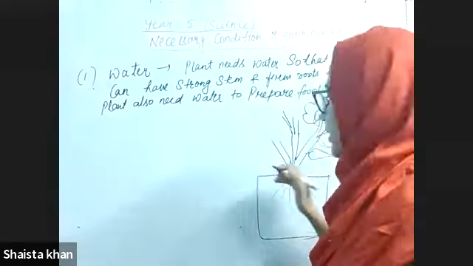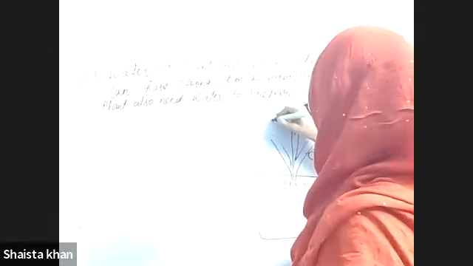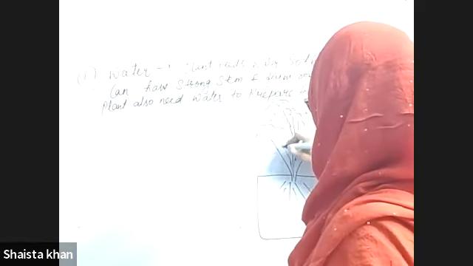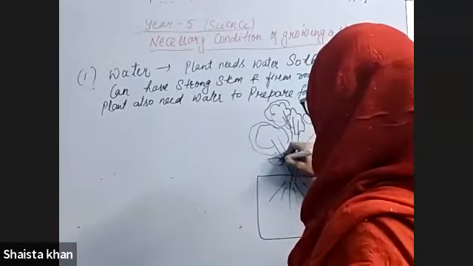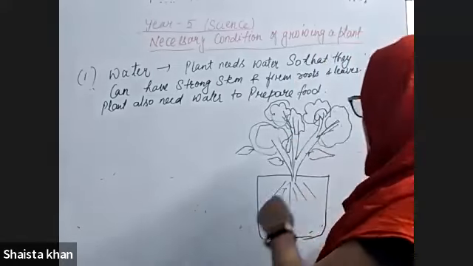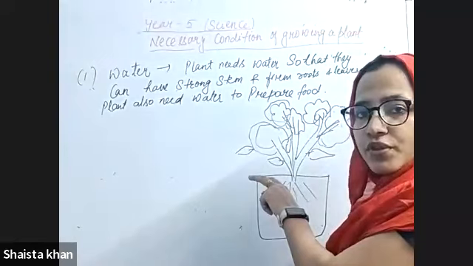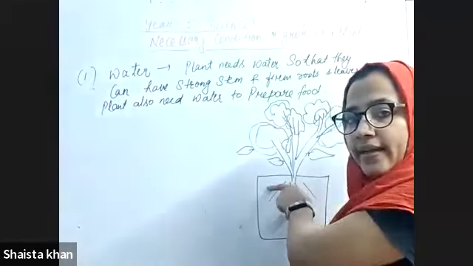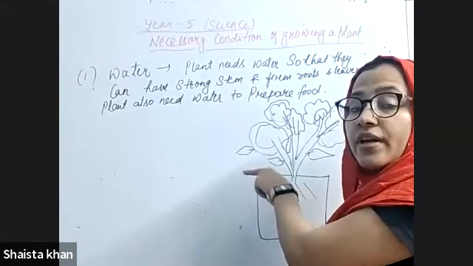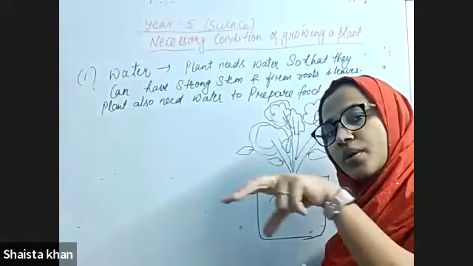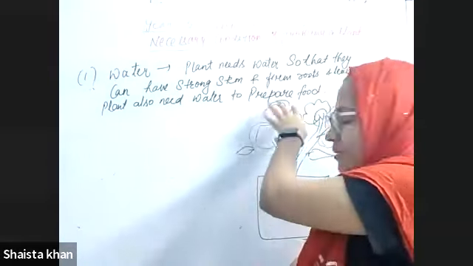I'm not good at drawing, actually. Suppose this is a plant, the leaf. What do we do? We just put water to the soil. Where do we water the plant? To the soil or on the pot, not on the plant.